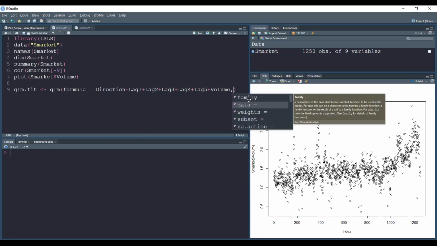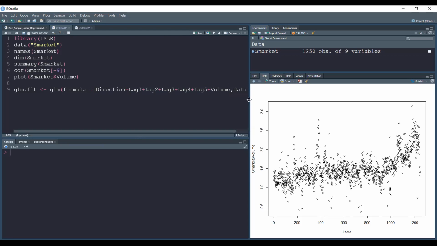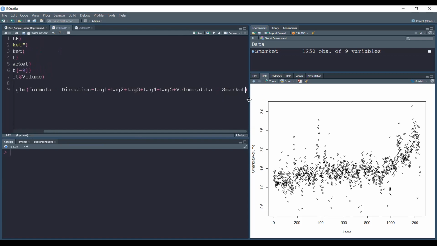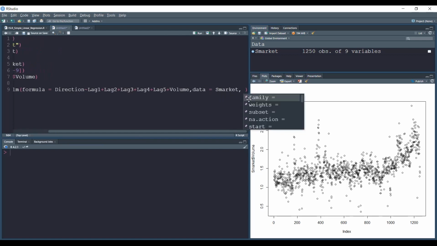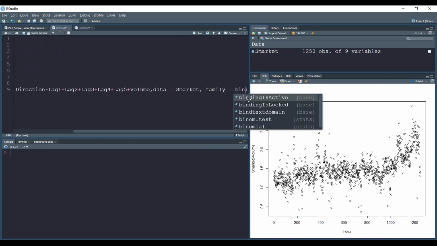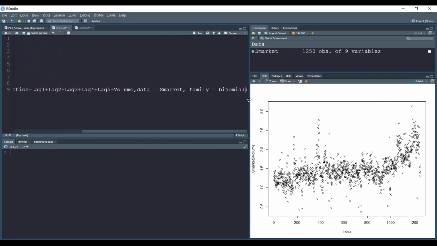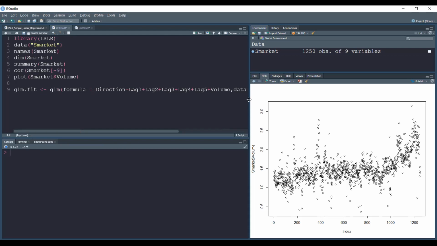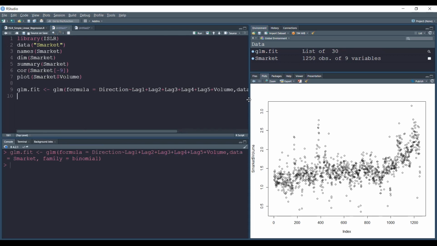Now it needs to be based on the data, and we'll take the S-market data. We'll specify the family. The family is binomial. If you write binomial, then the compiler knows to fit the GLM based on the principles of logistic regression.